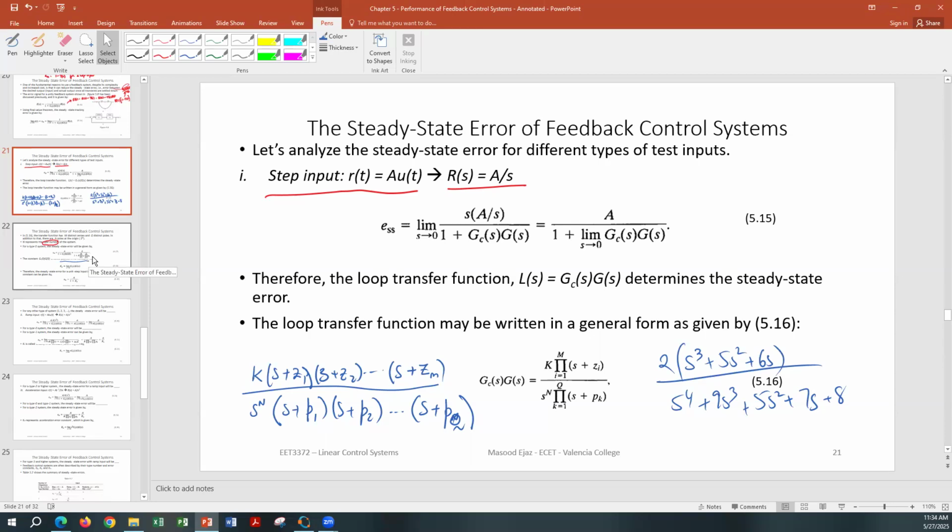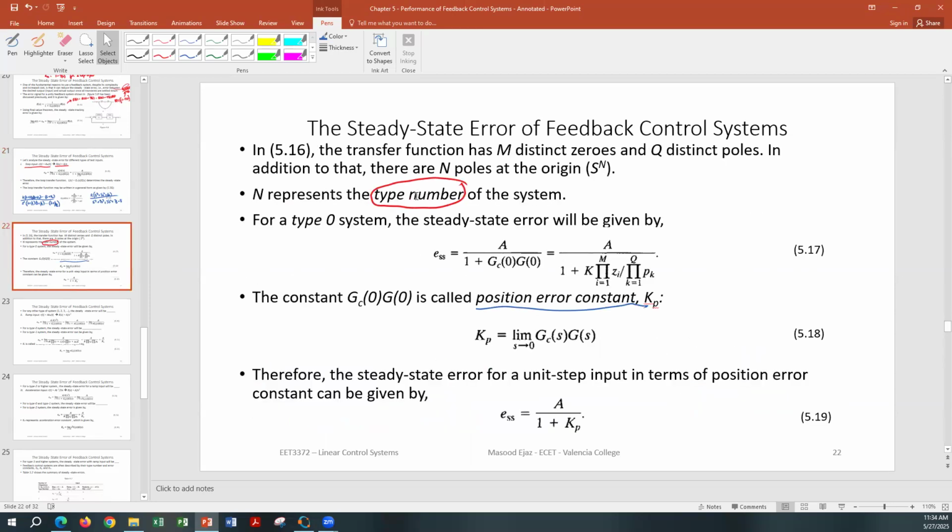For a type 0 system, as we discussed, the steady state error is A over 1 plus Kp, where Kp of course is the position error constant, which is K times multiple of all the zeros divided by multiple of all the poles.